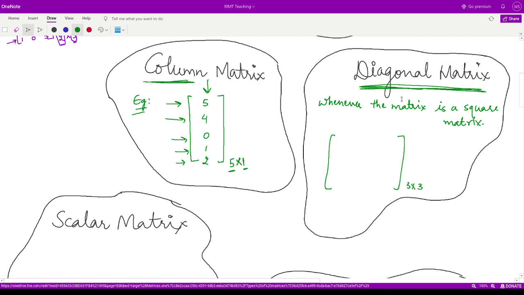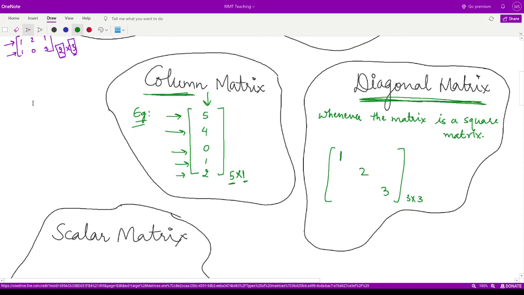So what could be the diagonal matrix? A matrix having entries only on the diagonal. What was the general structure of any matrix? By the name, it would be A11, A12, A13, A21, A22, A23, and then A31, A32, and A33. Now you see what is the diagonal of this matrix. This is the diagonal.